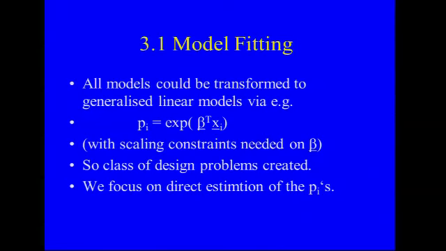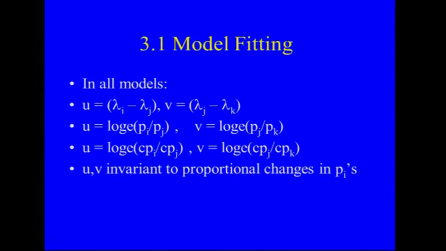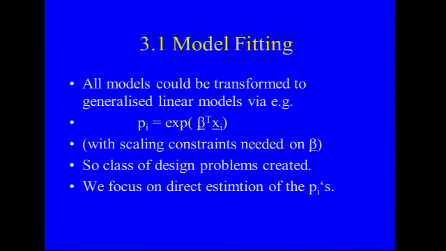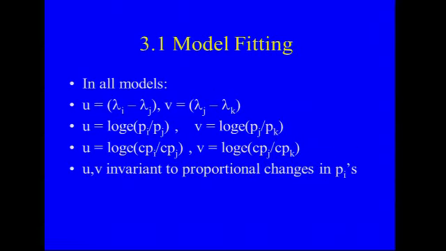I acknowledge that normally the P terms here would be defined by some generalized linear model structure, an exponential, say, of beta transpose xi, which would then lead also into design problems. But I'm focusing now simply on estimating the parameters P, because that brings in a link with optimal design.